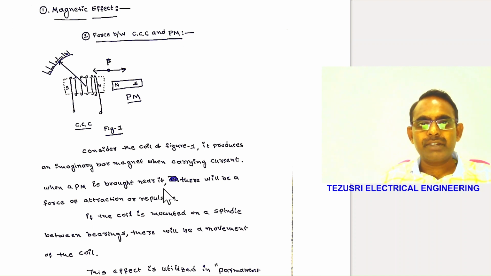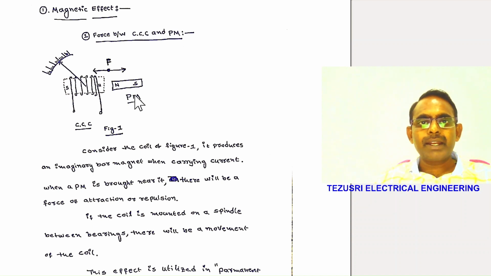According to that principle, first, the force between a current carrying conductor and a permanent magnet. Here the measured current is flowing through a coil. It produces an imaginary bar magnet, and it is a movable coil.